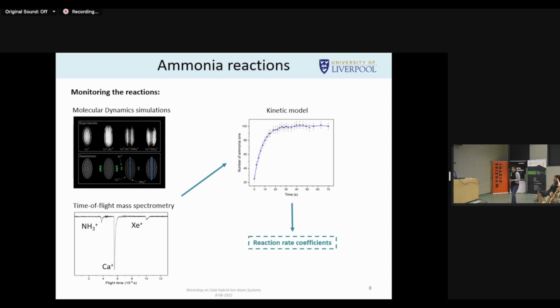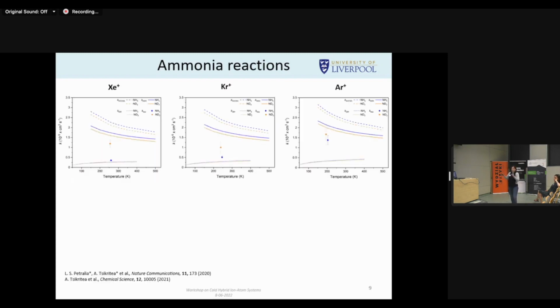We did that for the 6 reactions that I showed you before, and the results are summarized in these 3 figures. Each figure is for a separate rare gas ion. Whatever you see as orange in these figures is related to ND3, and whatever you see as blue is NH3.